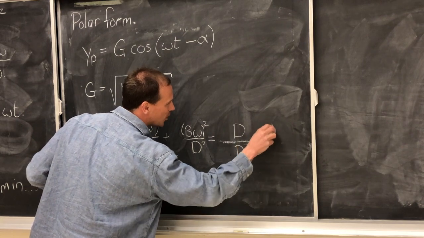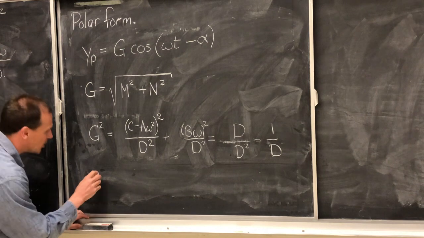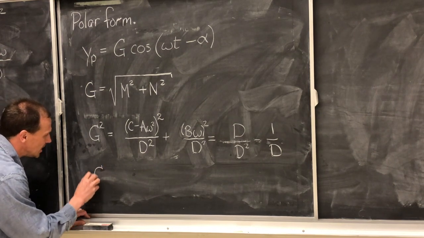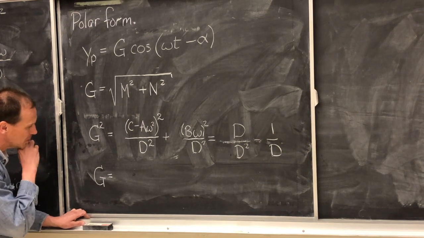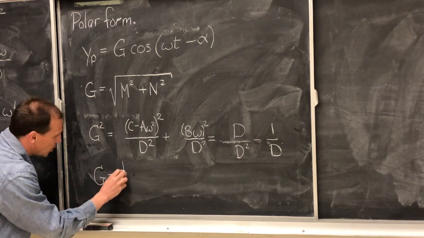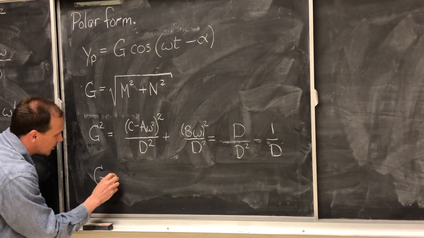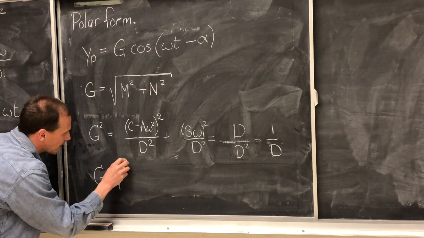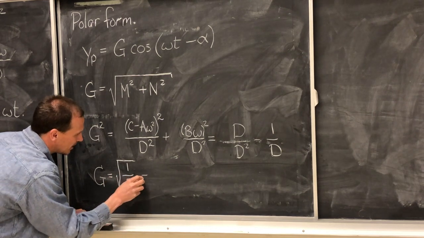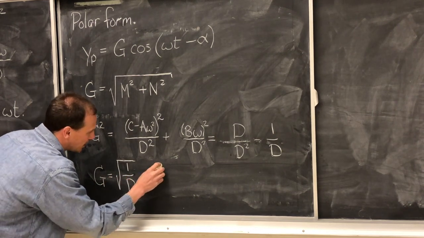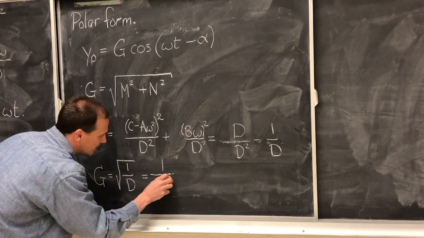That's just 1 over D. Wow, that cleaned up so nicely that G is equal to the square root of 1 over D, and it's even nicer if we write it as 1 over the square root of D.